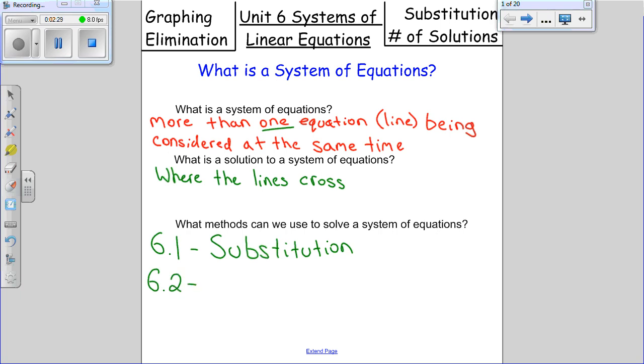It's called elimination. The final way to solve these is going to be 6.3, graphing. 6.4 will be word problems. So that is 4 lessons.